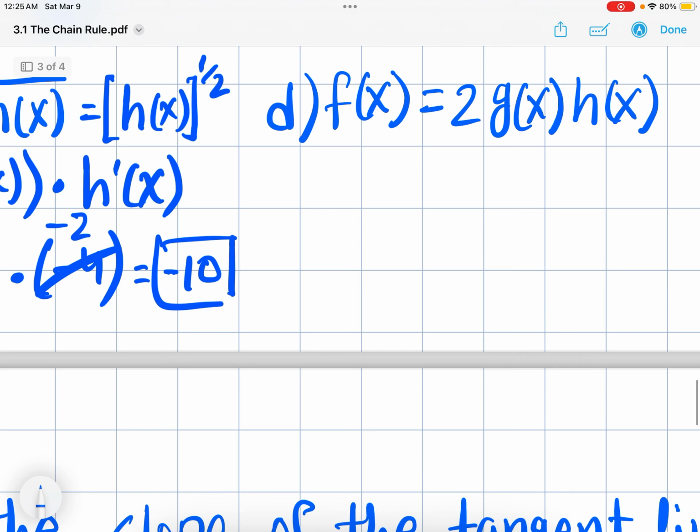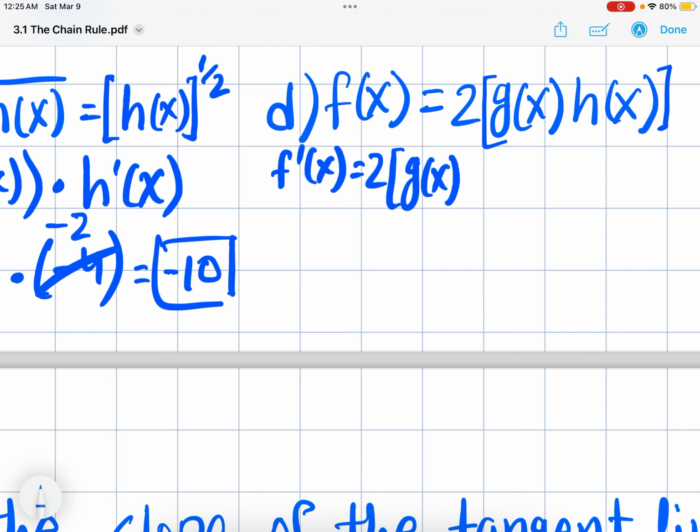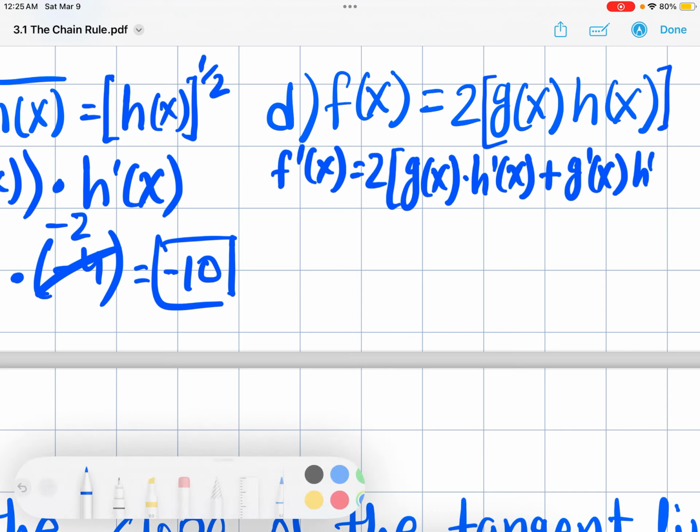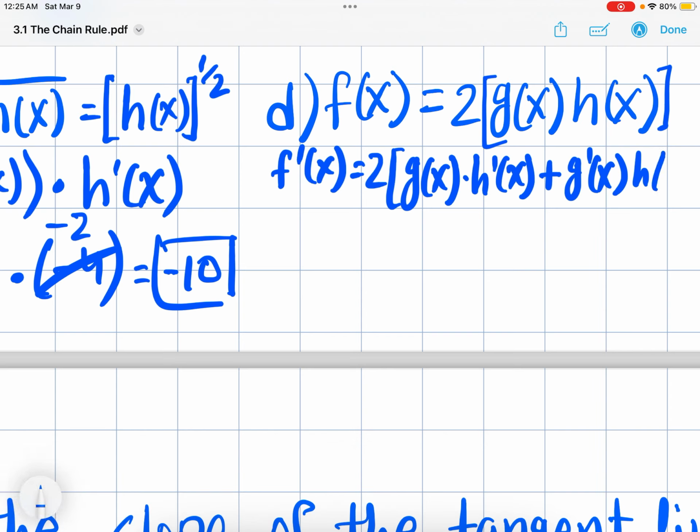Let's look at this. So this is not a chain rule, it's a product rule. So f prime of x equals keep, change, keep. Now I'm using product rule over here.